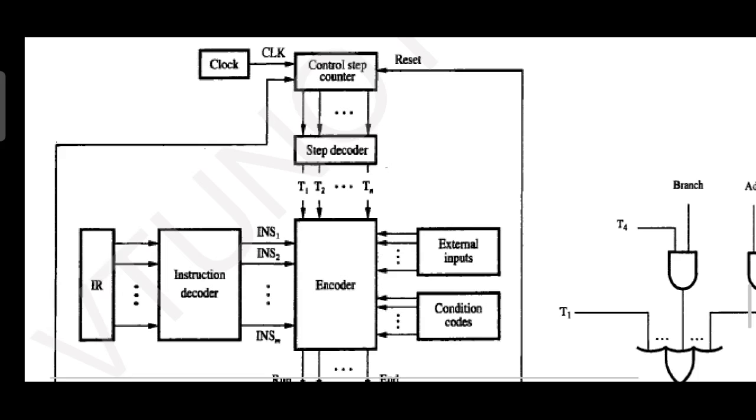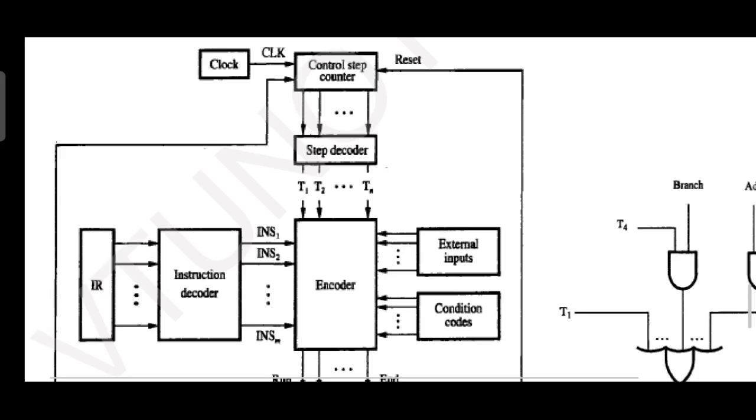Then we have a control step counter. This control step counter generates the step ID or step decoder. In each step there are certain control signals that come one after the other at T1, T2, T3 and so on. That is decided by the step decoder.